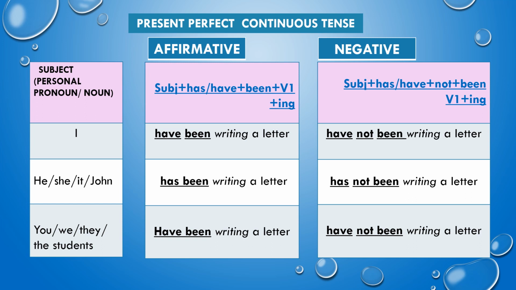And if we were to use you, we, they, or plural noun in the negative form in the present perfect continuous tense, we have to use the words have not been, followed by verb 1 plus ing. So, do not get confused between the two, affirmative and negative forms of present perfect continuous tense.